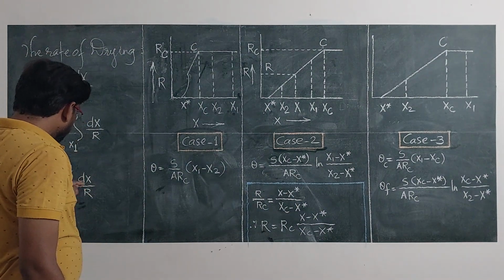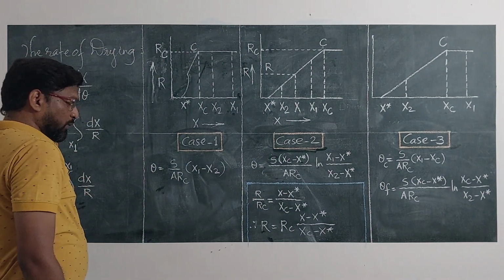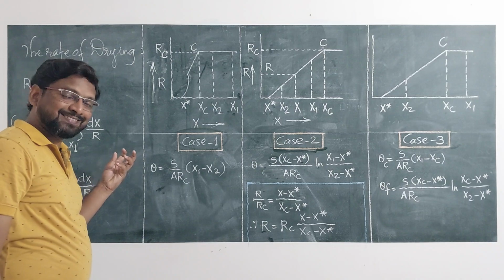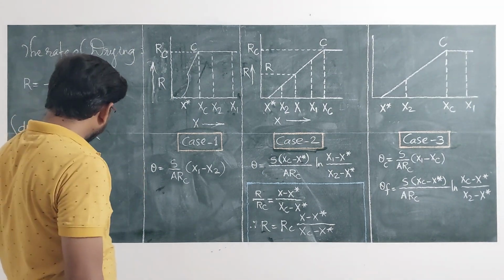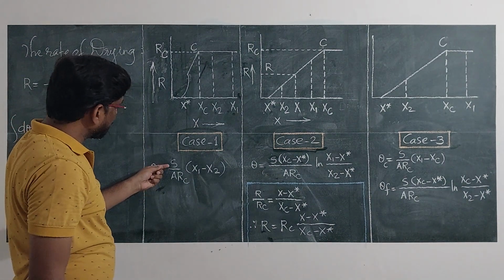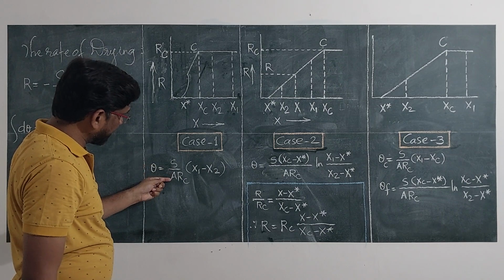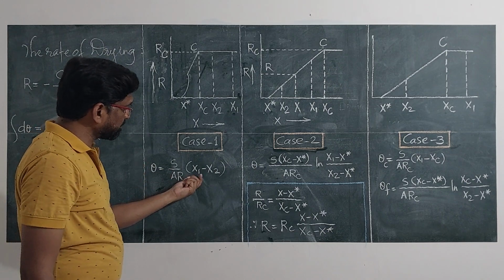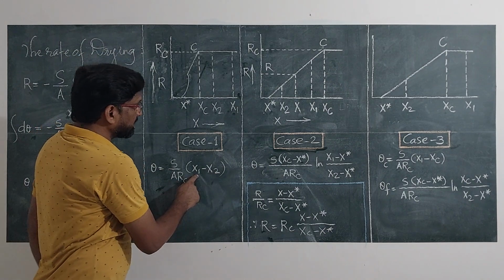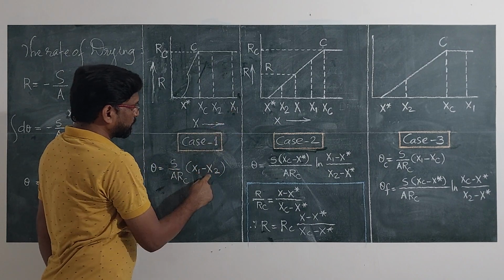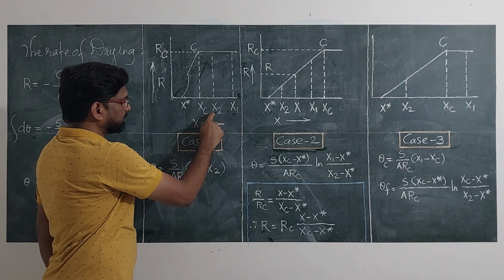This R will be taken out of the integral sign because it is constant. RC is constant. So we have taken it out of the integral sign and we put it like this: S divided by A RC into x1 minus x2, where x1 is the initial moisture content and x2 is the final moisture content.